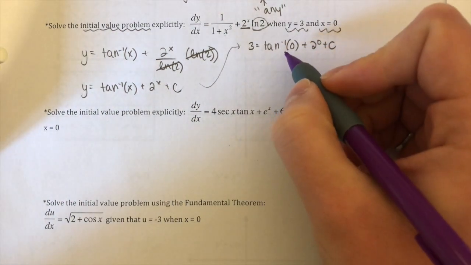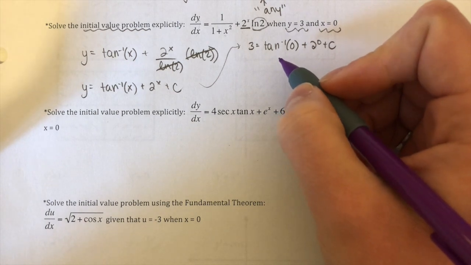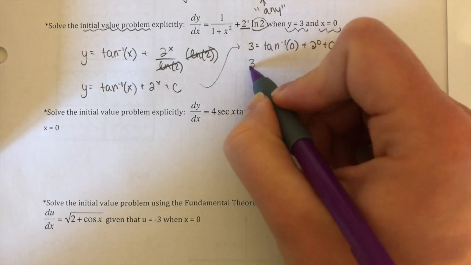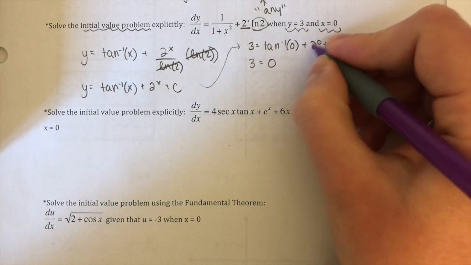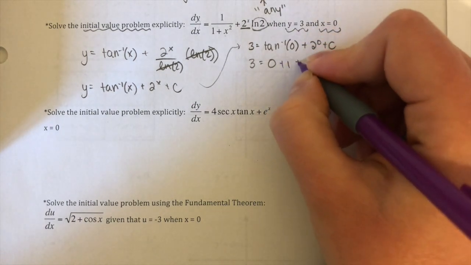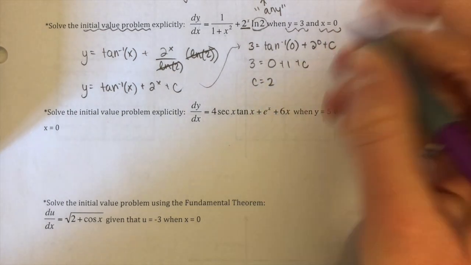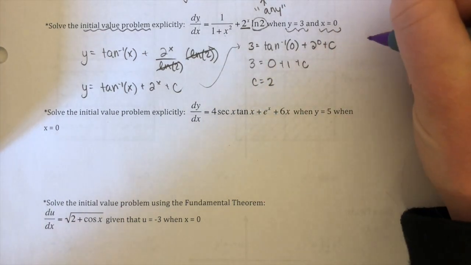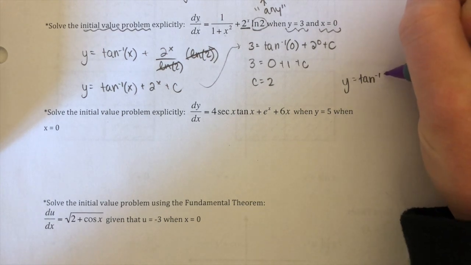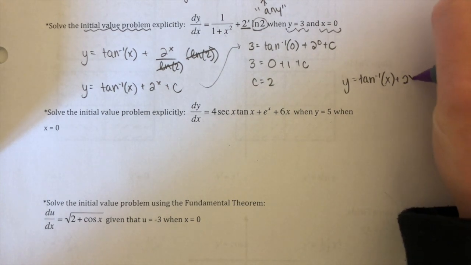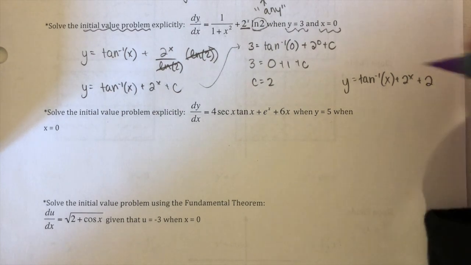So tan inverse of 0 is 0. So this is 3, and you can check that on your calculator if you want. 2 to the 0 is 1 plus c, so c is equal to 2. So then my overall function would be y equals tan inverse of x plus 2 to the x plus 2.